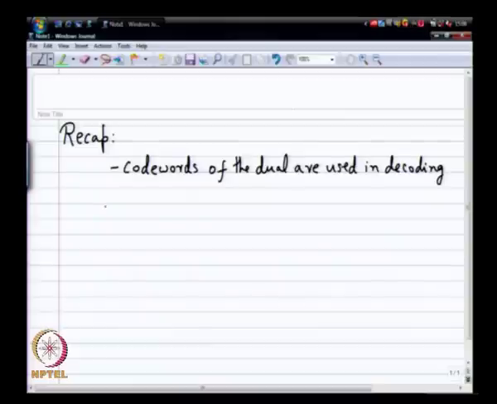Okay, so if you think of a received vector R, you have R1, R2 through Rn, and suppose you want to somehow get from this vector R, let us say, the a posteriori LLR for the first bit.